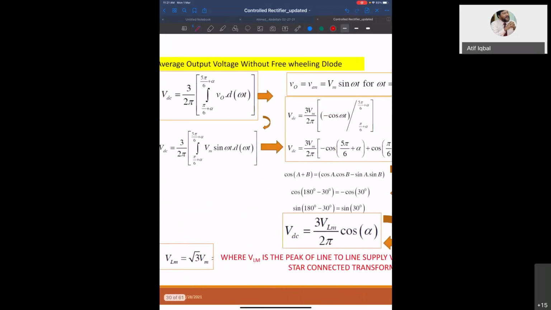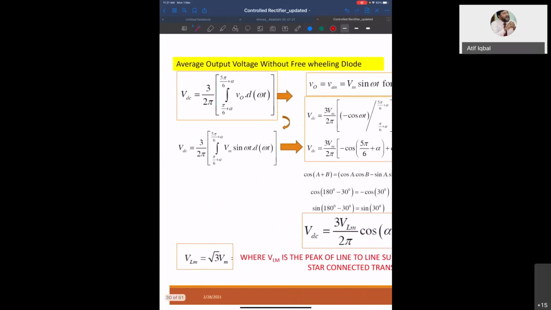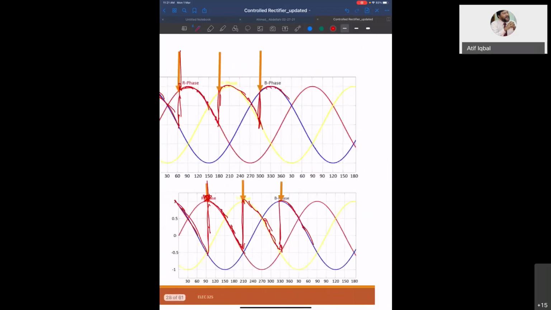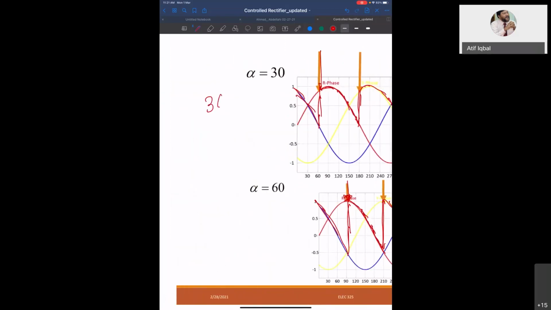So now let us see what is the output voltage. Output voltage is given as 1 upon T, the total time period. So what is the time period? You have 360 degree in one cycle. And how many thyristors do you have in half wave? 3.